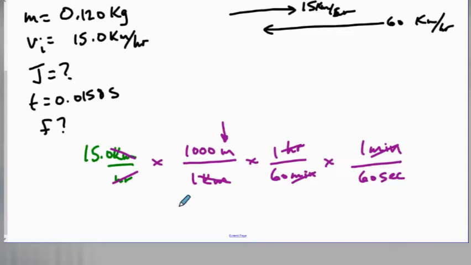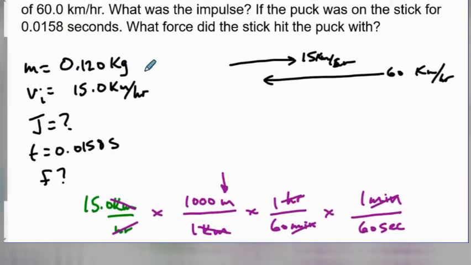And what you should see for an answer is our velocity here is going to be 4.16 repeating meters per second.